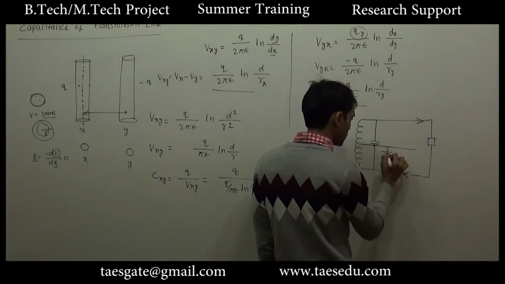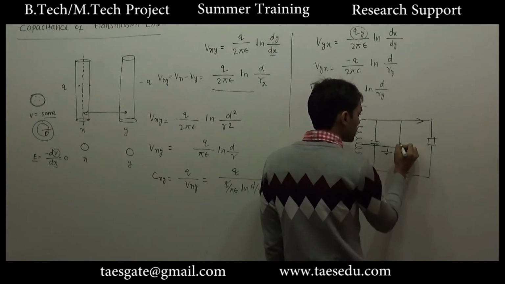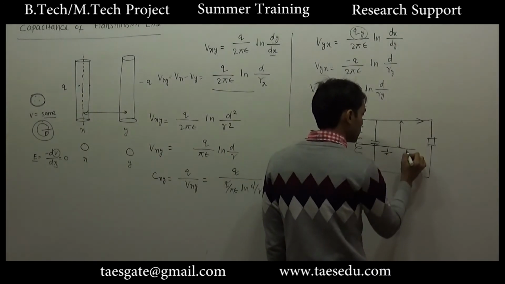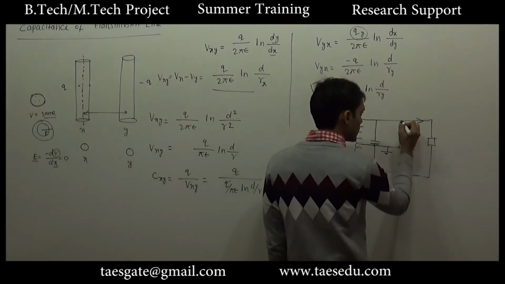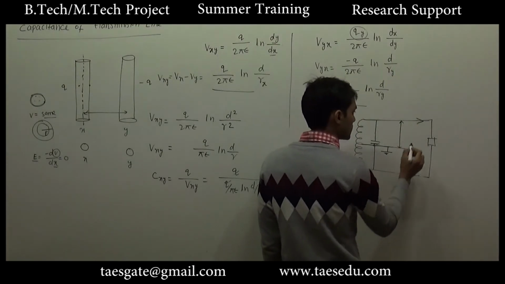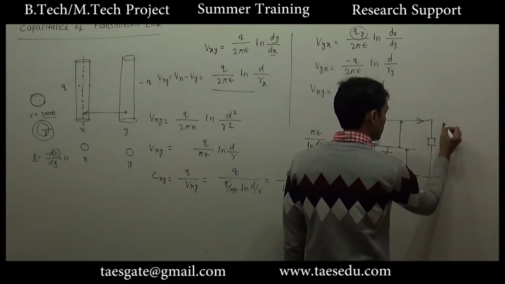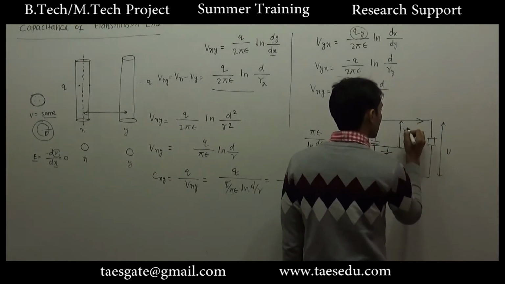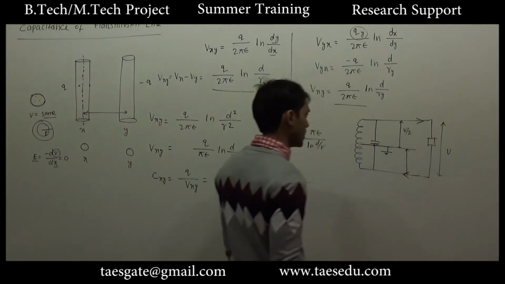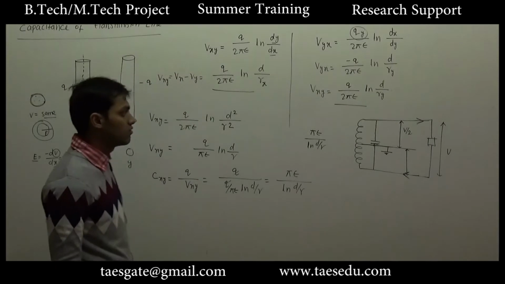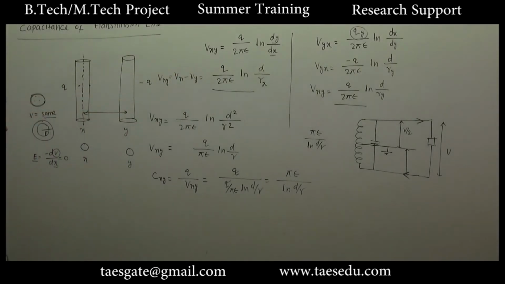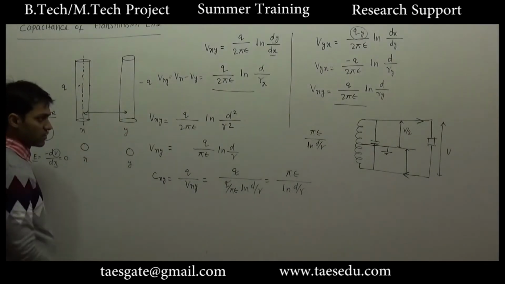where the neutral is grounded. So we will have equal potential drop between any line and the ground. Let's say the total potential difference here is V. Here we will have a potential difference V by 2. Actually we are interested in finding out the line to ground capacitance or line to neutral capacitance instead of the capacitance between the lines.